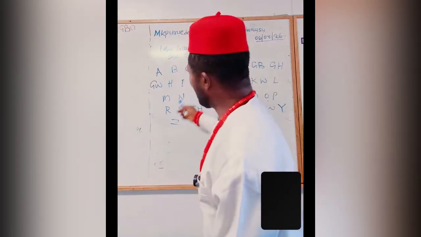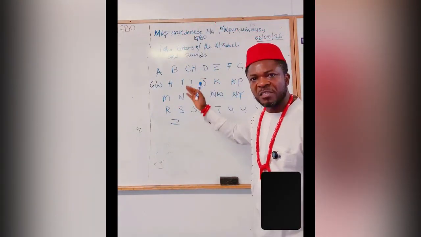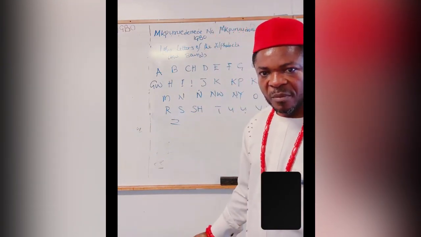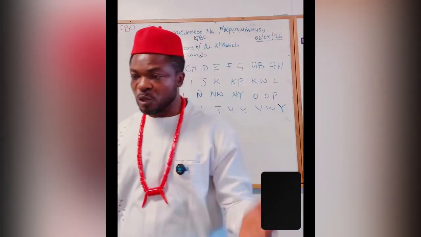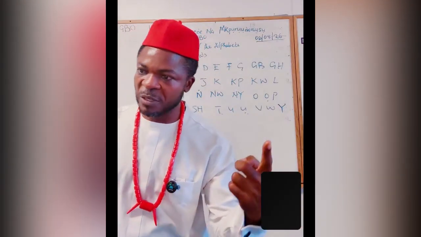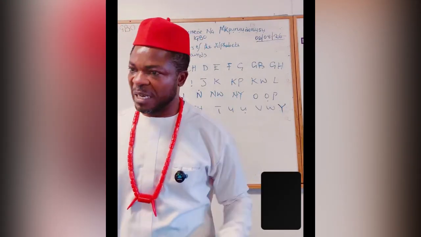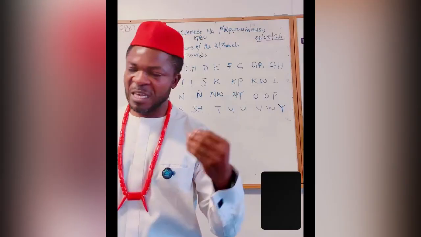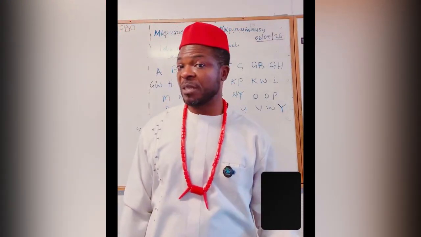If you look at what I wrote, you can relate it to the English alphabet, how we see A, B, C, D. The two things that make it different from the English alphabet: number one, it has other letters and sounds that are not in the English alphabet. Number two, the pronunciation of the letters and sounds. That is where the sound now comes in.